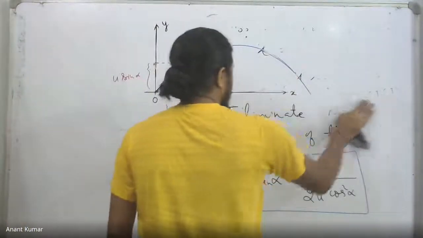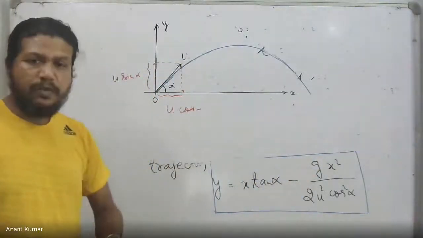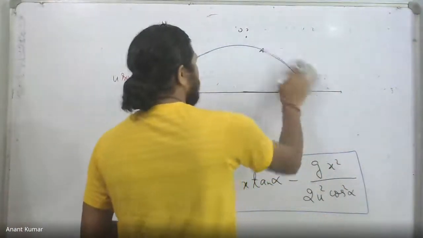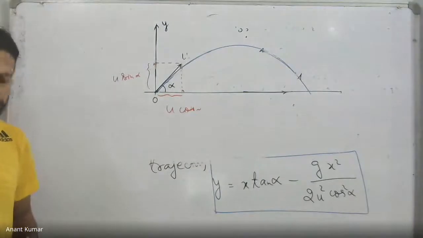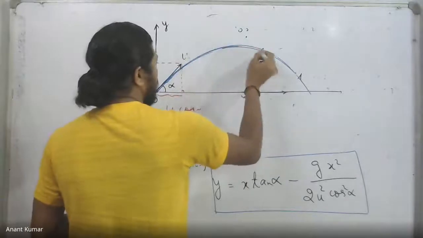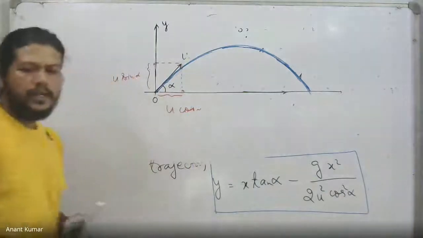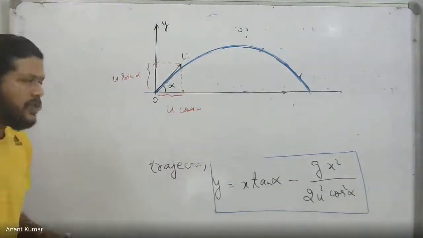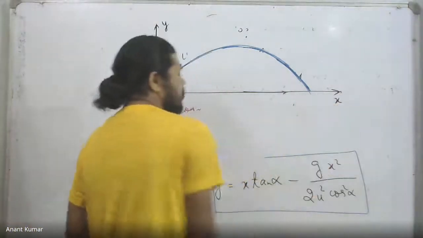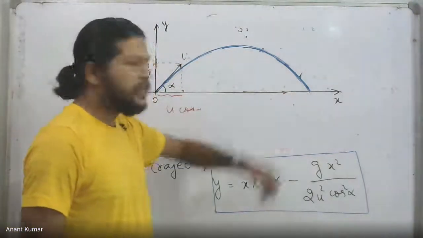From this equation, I can find, for instance, the time of flight. I could consider how long it takes for the particle to return back to the same horizontal level. If I find the time it takes the particle to reach its original horizontal plane, I can obtain this by putting y equal to 0 in the equation for y as a function of t, because when it returns to the ground level, the y coordinate again becomes 0.